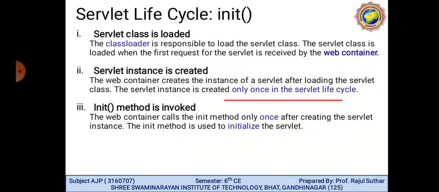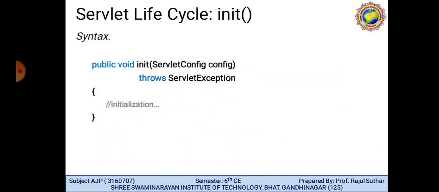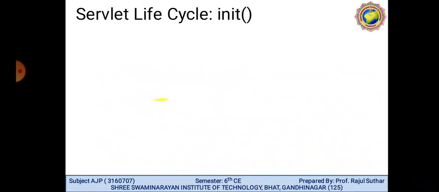The init method is used to initialize the servlet. So what is the syntax of the servlet init method? public void init(ServletConfig config) throws ServletException. We can work with initialization here.